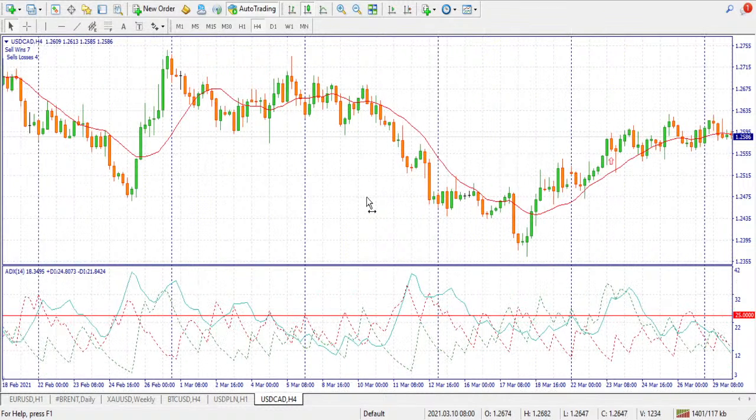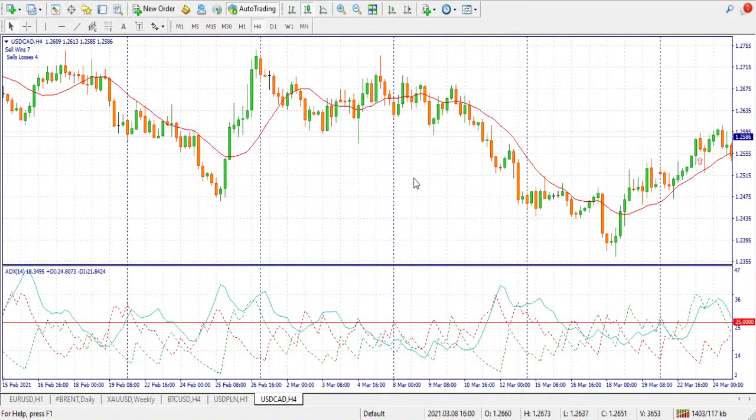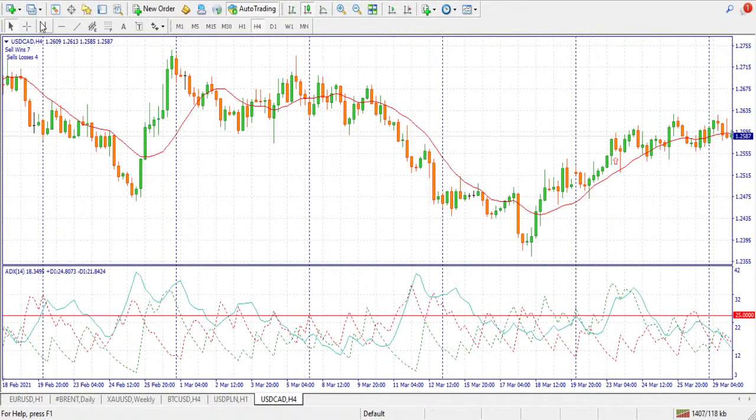Let's get another example for a sell. Okay, look at this point. From this point here, we had a cross. The red line went above the green line, but we cannot sell because the blue line is still below 25. So we have to wait until the blue line goes above 25.